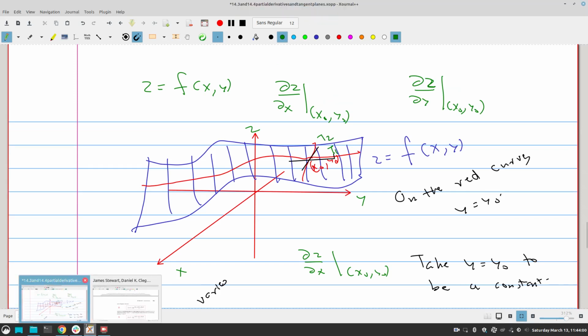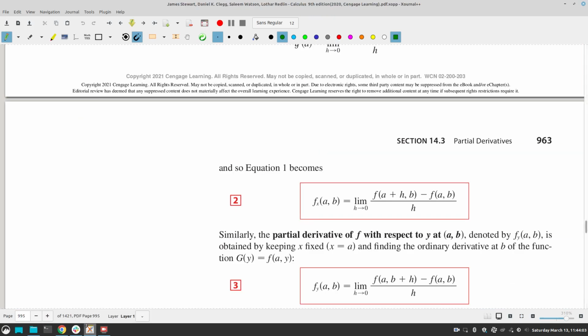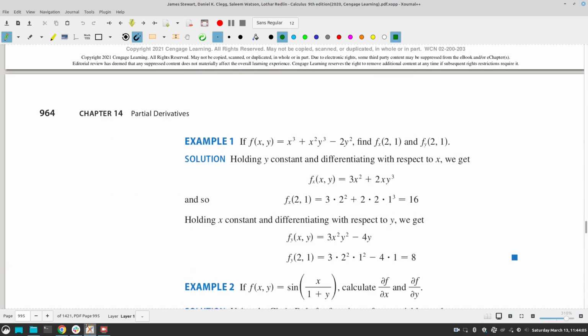So we'll refer back to the diagram given in the book. See that?